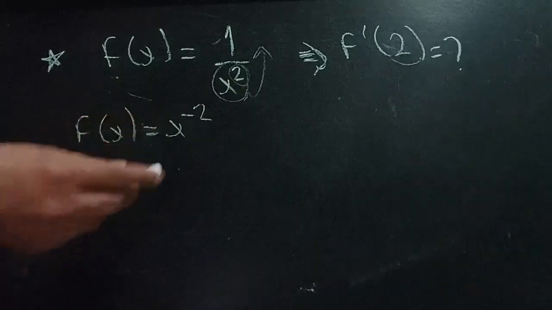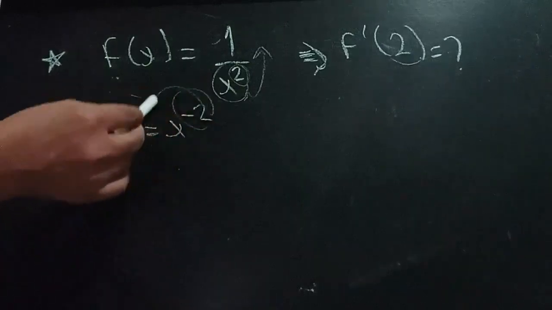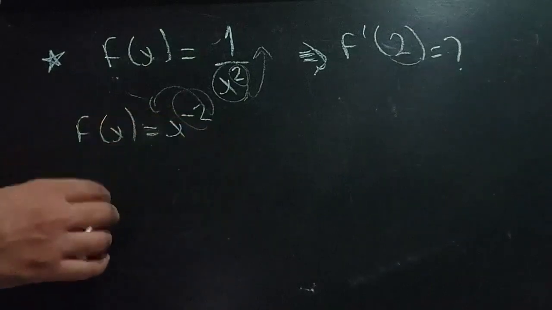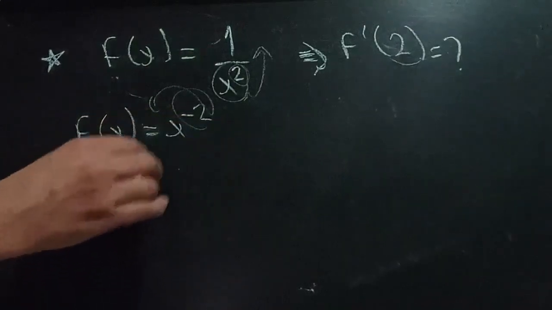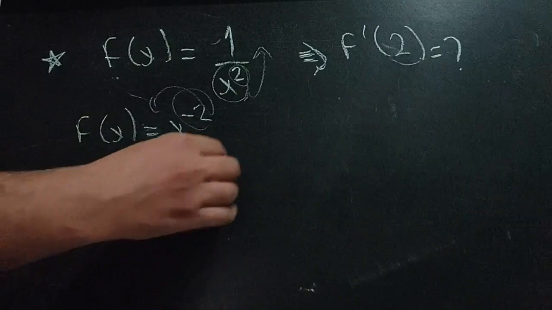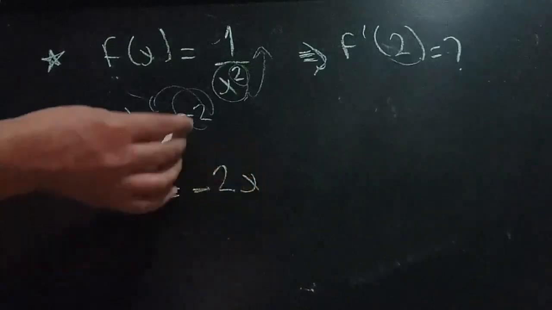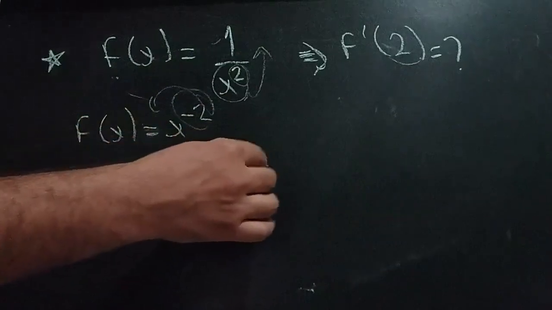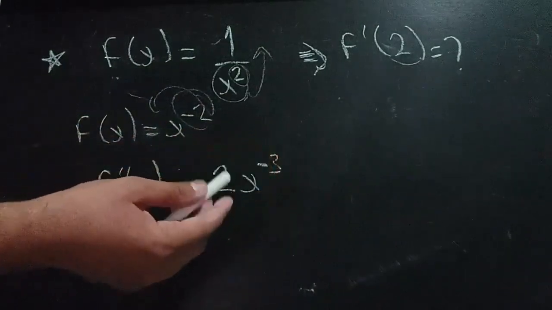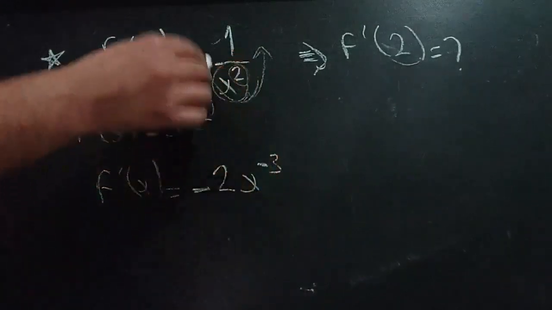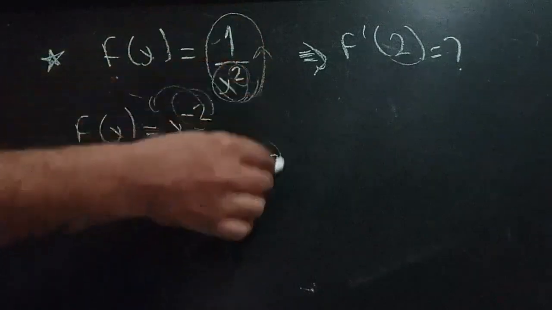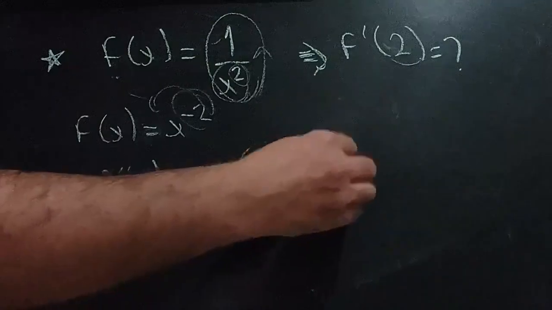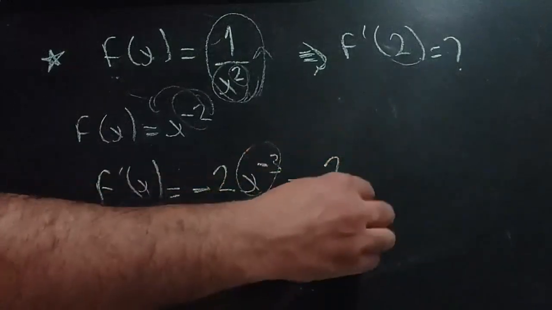Then, what was the rule? Bring this one down to the left side. That will be f'(x) equals negative 2x, and decrease that power by 1, which means negative 3. Now you can write this one like that, negative 2 over x cubed.